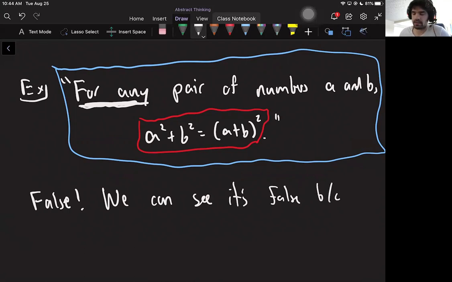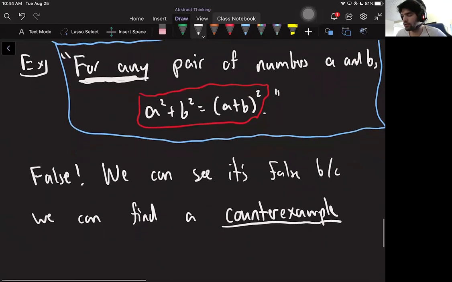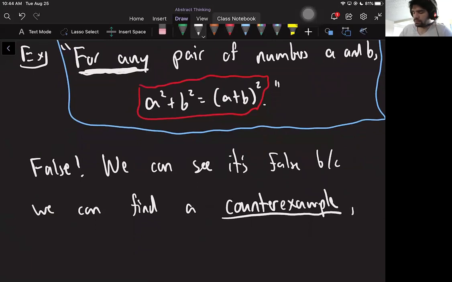Well, it's because we can find something called a counterexample. So a counterexample is really just an example that shows a statement as false.